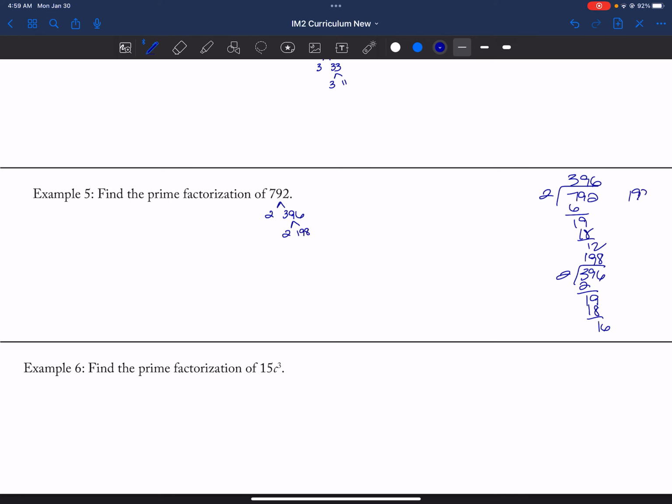And then 198 divided by 2 is 99... and 99 divided by 2... 48. And then 48 divided by 2, so 2 and 24, 2 and 12, 2 and 6, 2 and 3.